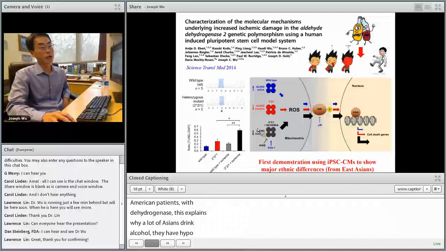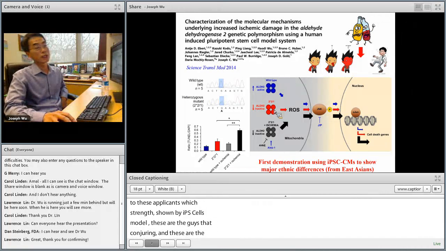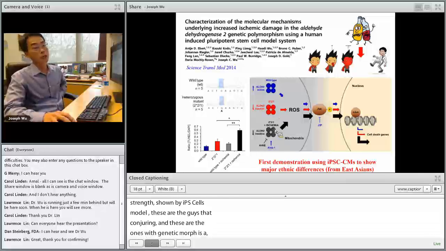And this is shown by the iPSC cardiomyocyte model, in which this is wild type. These are the guys who can drink. These are the ones with the aldehyde dehydrogenase genetic polymorphism. And when we expose them to hypoxia, we can see that these cells die much more. The main reason is that the enzyme is involved in detoxifying alcohol.